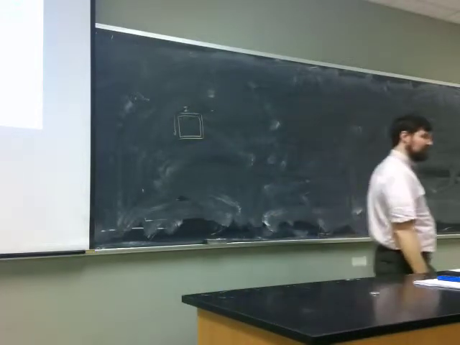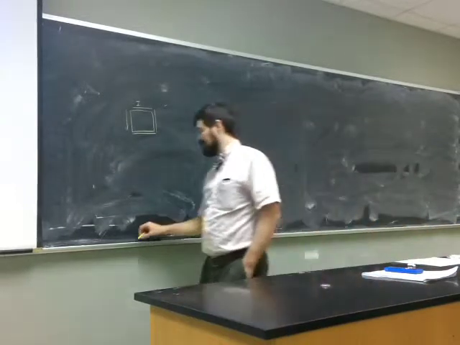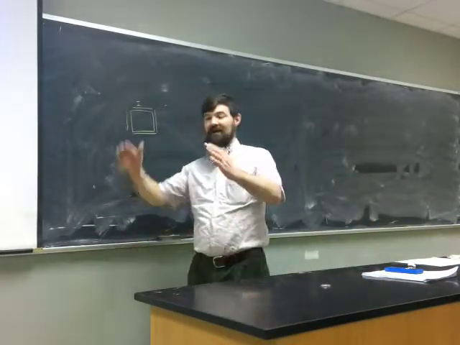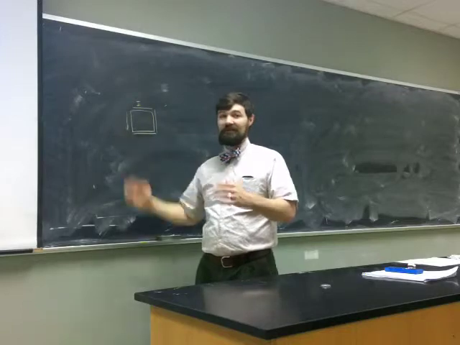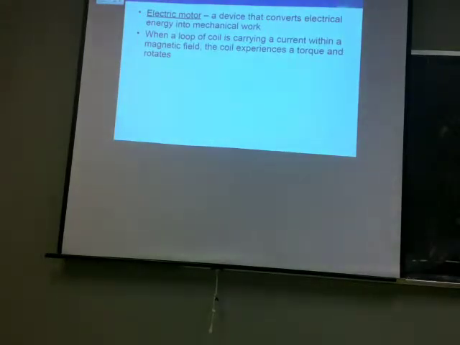You place this in the presence of a magnetic field. Maybe the magnetic field is due to a pair of bar magnets. One is inside the board and one is outside the board. So you have field lines running in or out of the board.